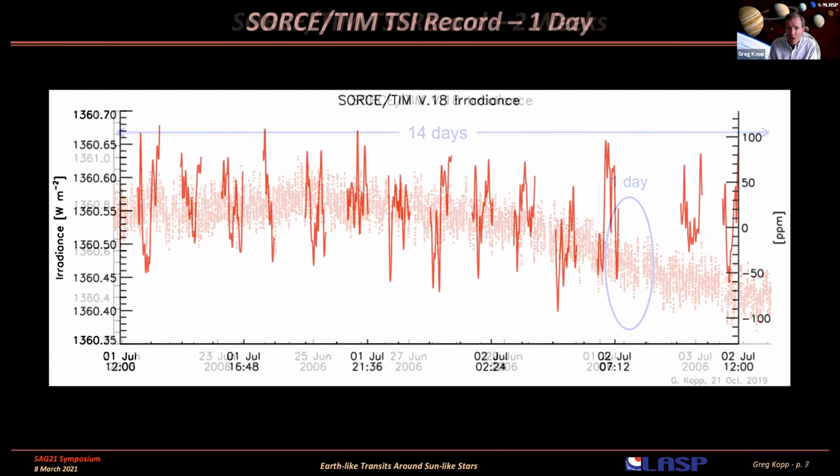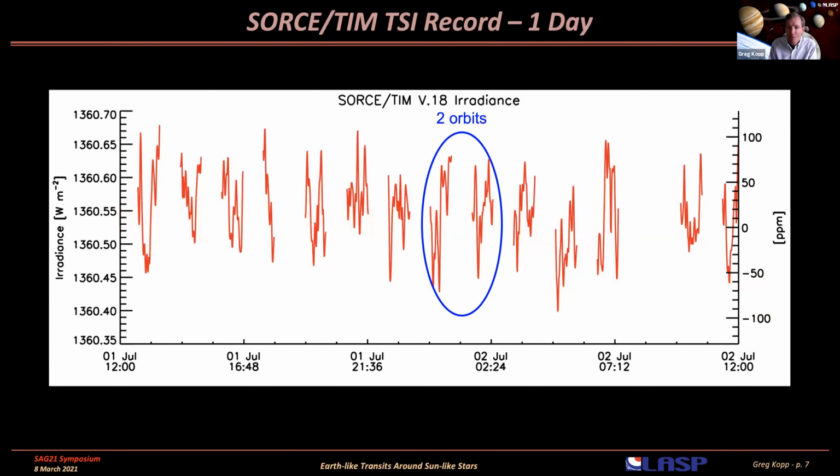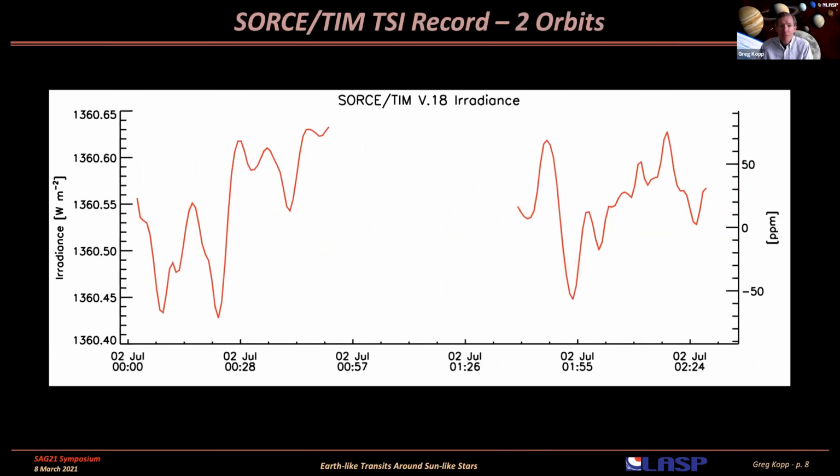Let's take one day here and look at that one day, blow it up. Now this is from a spacecraft in low Earth orbit, so it does have omissions in data from when it's occulted by the Earth itself. But even then, you can see variability on the 100 part per million level going on all the time. Let's look at just a couple of orbits, so 3 hours worth of data.